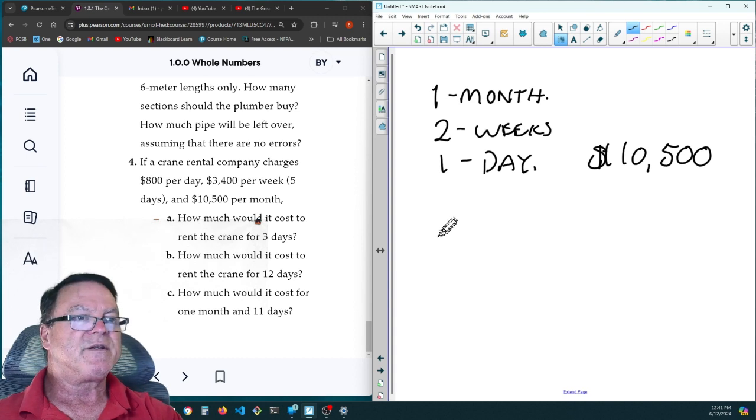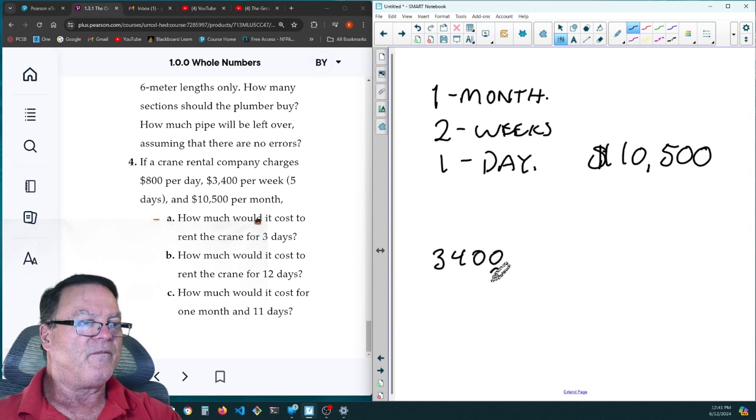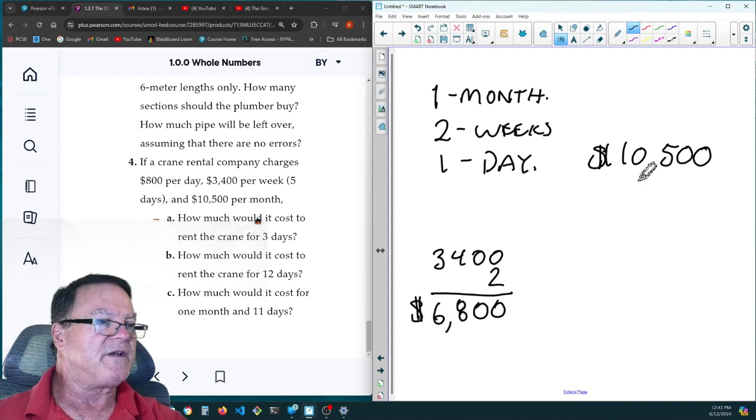Price for 2 weeks is $3,400 times 2. 2 times 0 is 0, 2 times 0 is 0, 2 times 4 is 8, and 2 times 3 is 6. So $6,800 for 2 weeks.